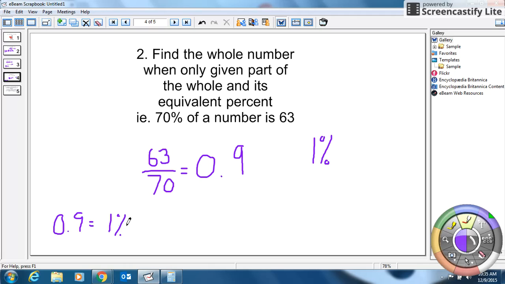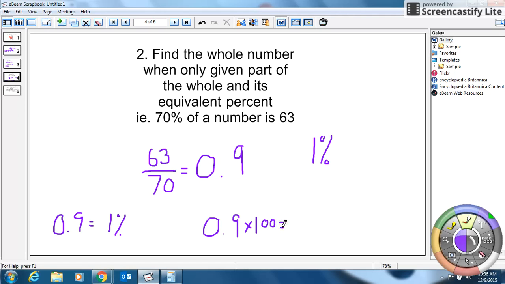If I know what 1% of a number is, to get to 100% of the number, all I do is multiply the 1% by 100. So I'm going to multiply 0.9 by 100, and that gives me 100% of my number, which is the whole original number.